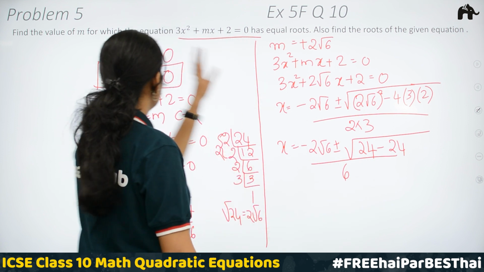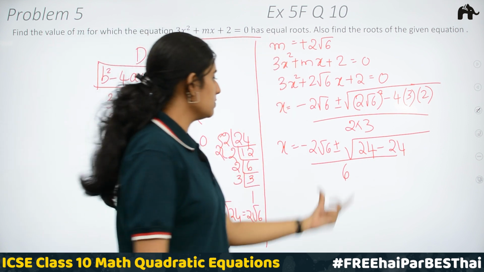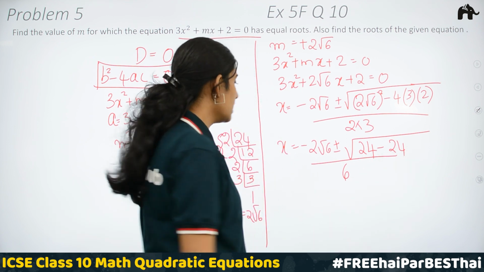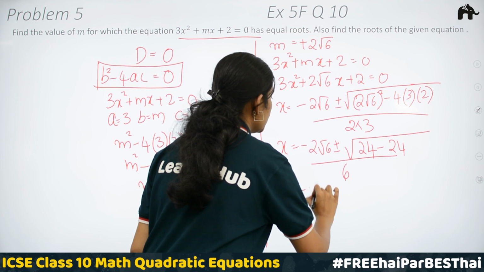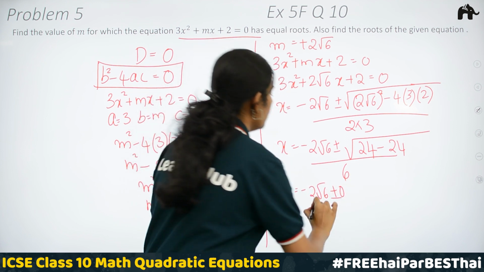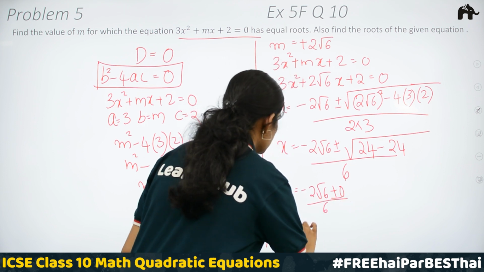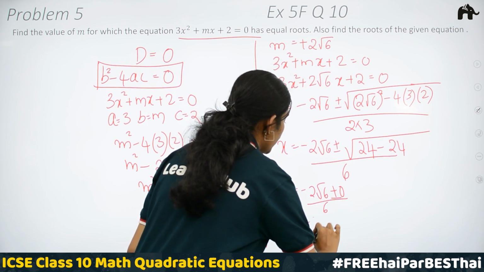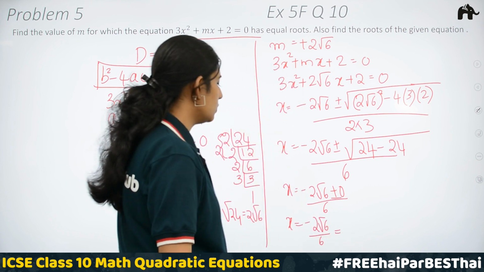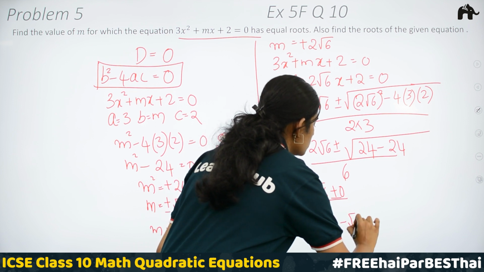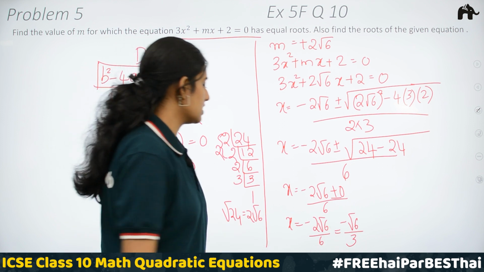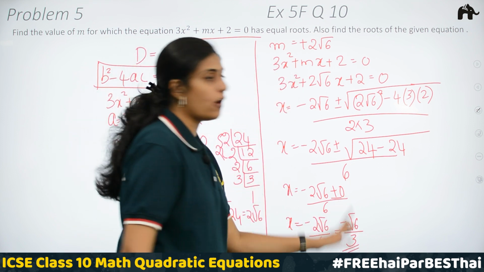Already we know that in this equation we have equal roots, which means this discriminant value is going to be 0. We got 24 minus 24, that is 0. x is equal to minus 2 root 6 plus or minus 0 divided by 6. That is x is equal to minus 2 root 6 by 6, or that is equal to minus root 6 divided by 3. 2 into 3 is 6. This is one possible value of x.